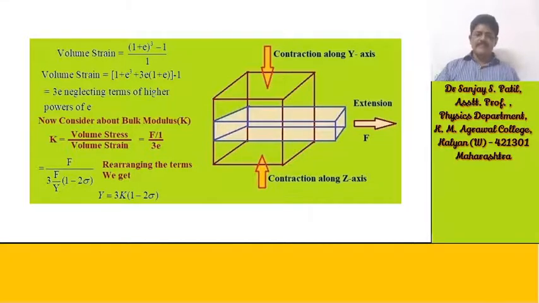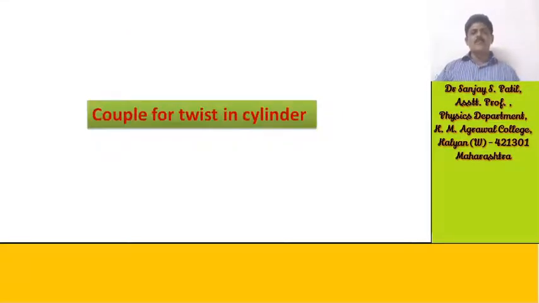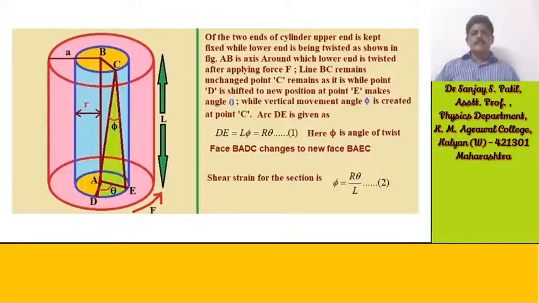Now we will see about couple for twist in a cylinder. Of the two ends of the cylinder, the upper end is kept fixed while the lower end is being twisted as shown in the figure.